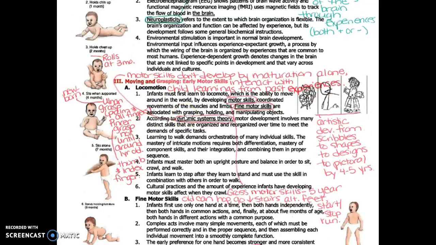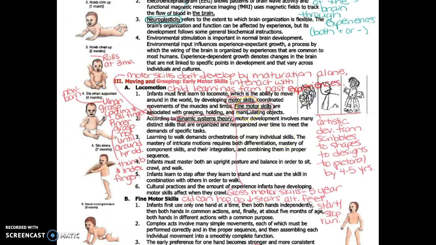They're going to try maybe to move one leg a certain way and then move another leg, and maybe it doesn't work out and they fall. So they try to do something a little bit different. So dynamic systems theory really says a lot of trial and error is going on here. Little ones are learning from past experiences. They're making changes. If they fail at something, they're going to learn to move their body in a little bit different of a way to be able to accomplish their end goal.